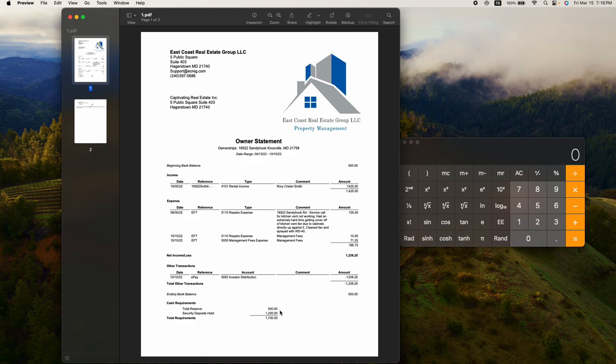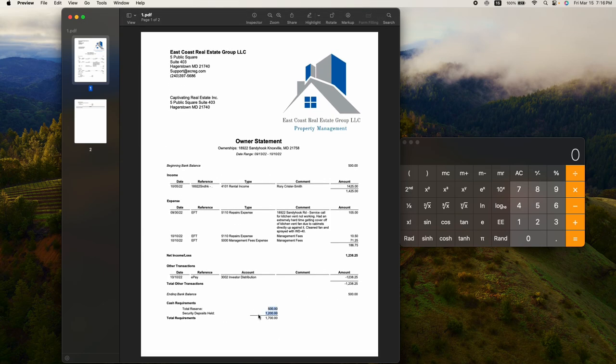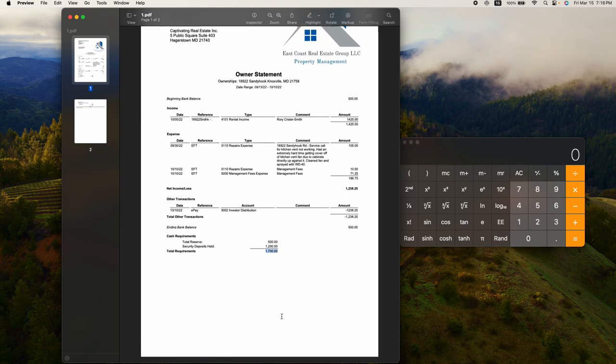This means how much we've told the system to withhold on your behalf. The ending bank balance, again, just like a bank statement, is what's important in the scenario I'm talking about. So next, you've got security deposits held. So total requirements, we should be holding $1,700 on your behalf.